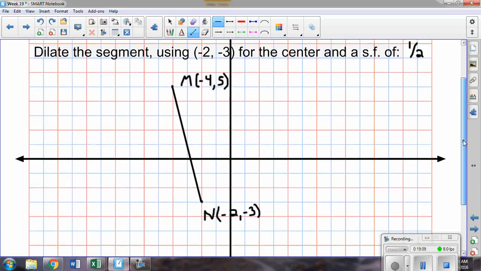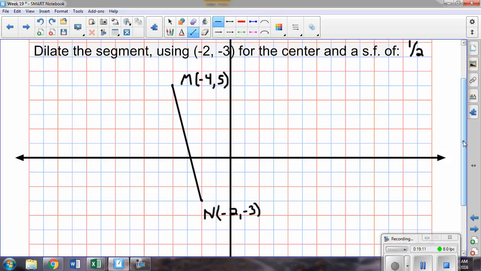All right, so let's dilate this segment using the point negative 2, negative 3 for the center, and a scale factor of a half. So once again, let's use this process of paying attention to the gaps and changing the size of the gaps.